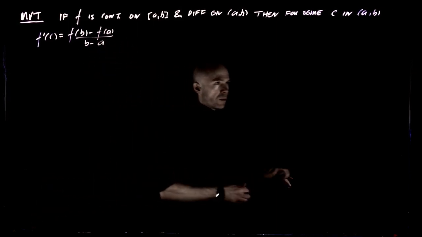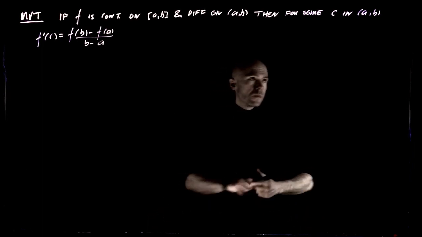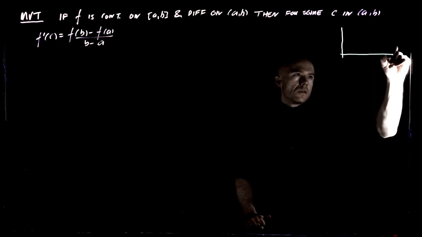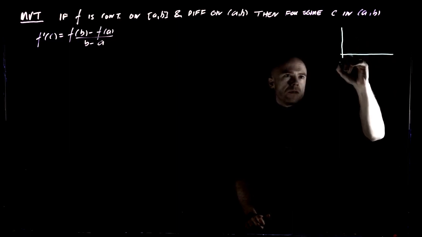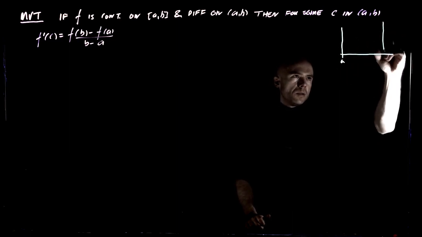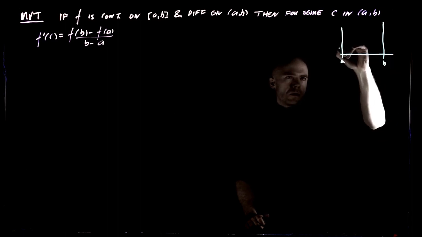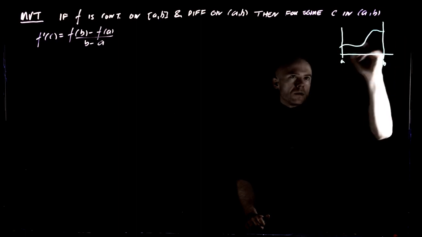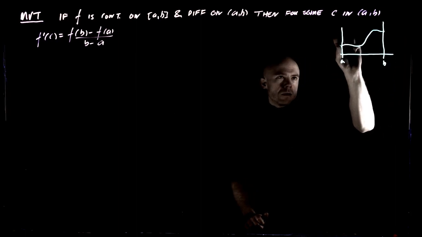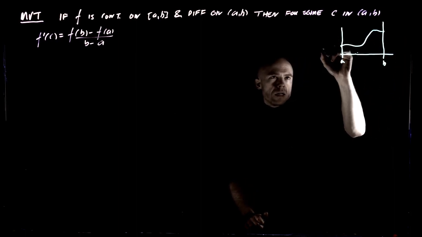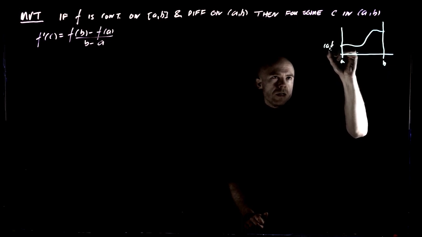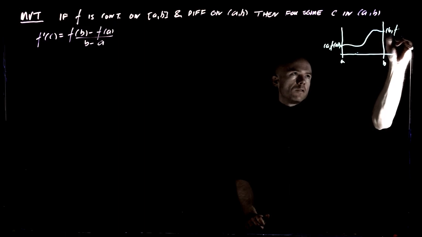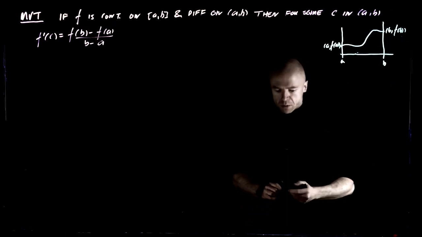And as always, it comes with a picture, and this is the picture. So if this is A, let's let this be B. If we draw the line segment that connects A, f of A, to B, f of B, what do we see?